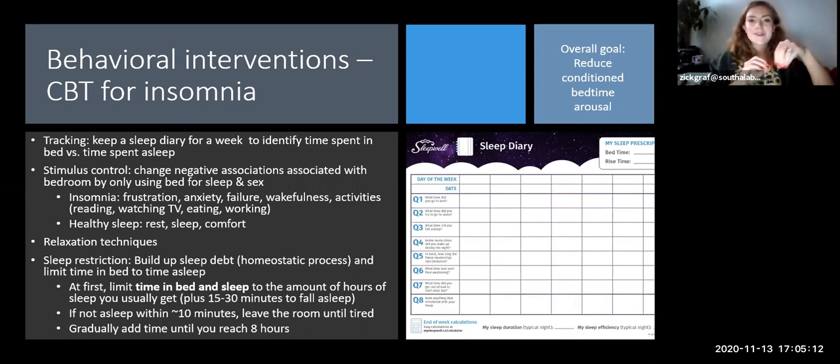But anyway, when someone has a lot of perpetuating factors, those factors are contributing to arousal at bedtime. That's really the main perpetuating factor. And in the behavioral part of CBT for insomnia, we're using behavioral techniques to change the associations around bedtime to reduce any conditioned arousal, any arousal that is an automatic response to that context.